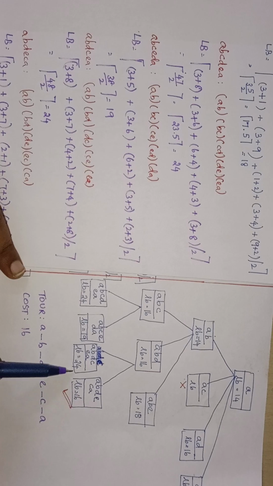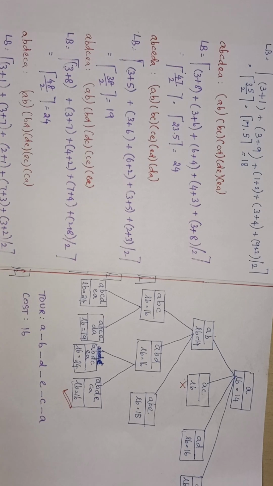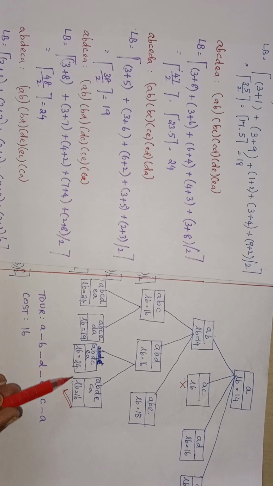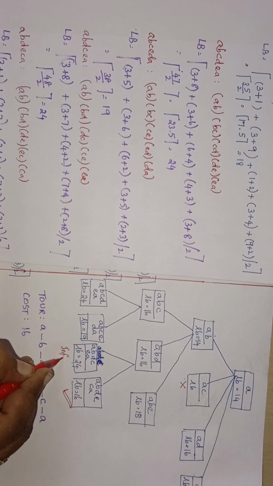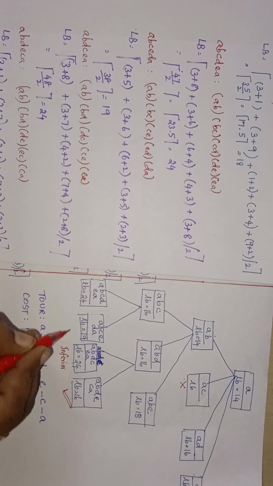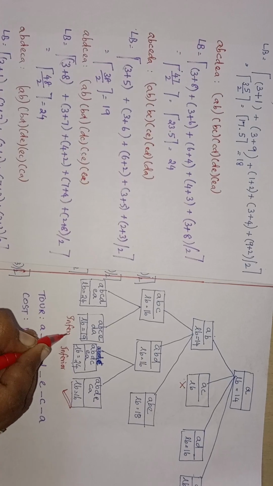Comparing this 16 with all other leaf nodes, I have to select or kill it. So since this is 24, which is greater than 16, I will consider this node as inferior. This also inferior.